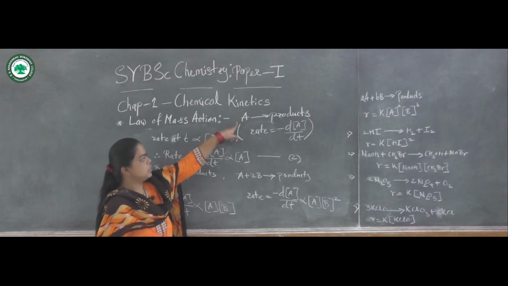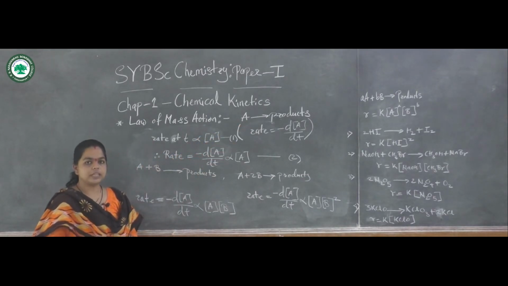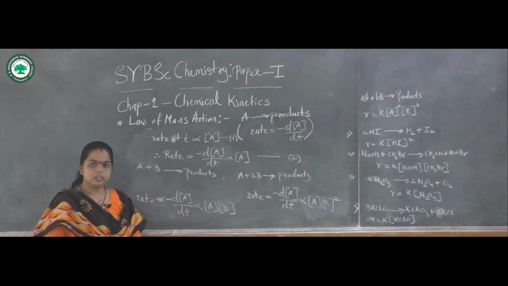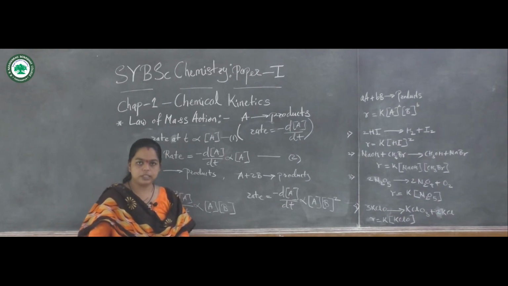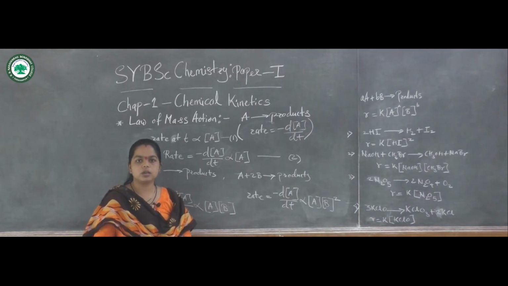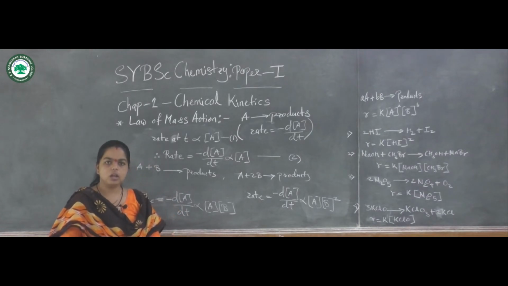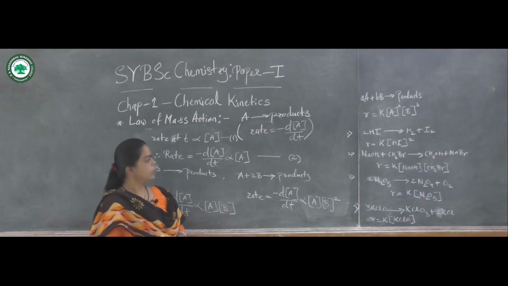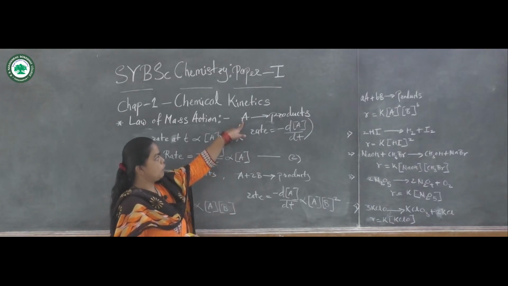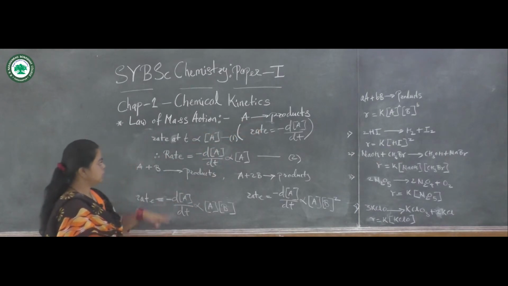When we consider this reaction, the law of mass action states that the rate of the given reaction is dependent upon the molar concentration of the reactant at the given instant.